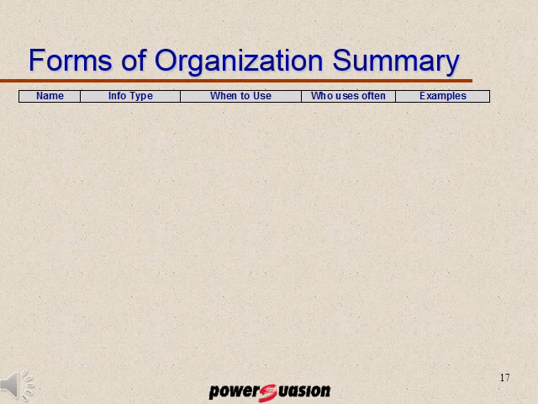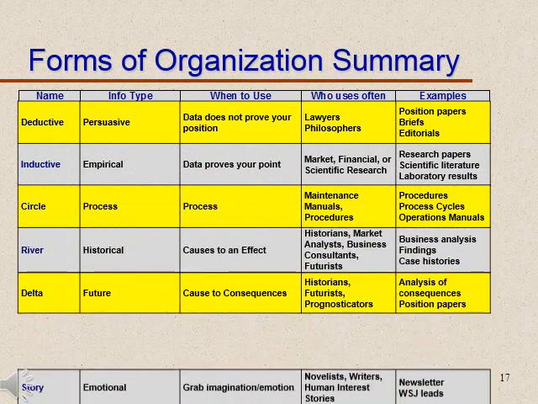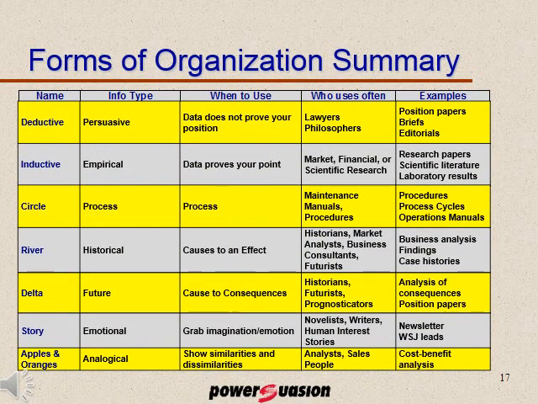Here is a chart summarizing the forms of organization so that you can have an easier time selecting a form of organization. In the first column we have the names of the forms of organization, and then in the second column the information type that form of organization tends to use.